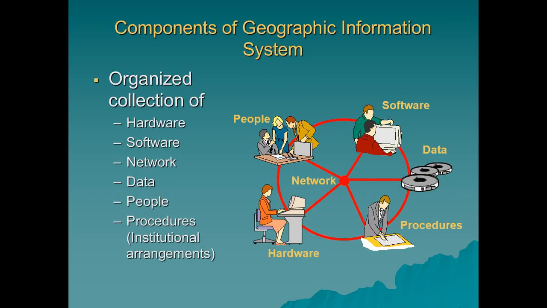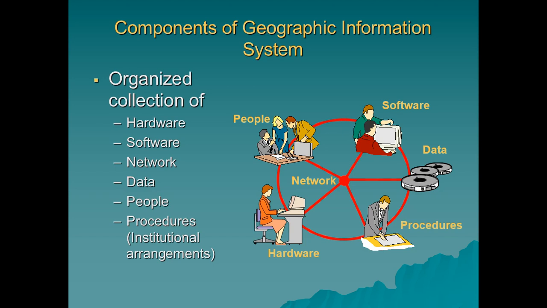So last lesson we were talking about the various components that make up a geographic information system. We talked about hardware, software, data, people. Network here refers to that connectivity between different computers in different parts of an organization, or even from one location to another.